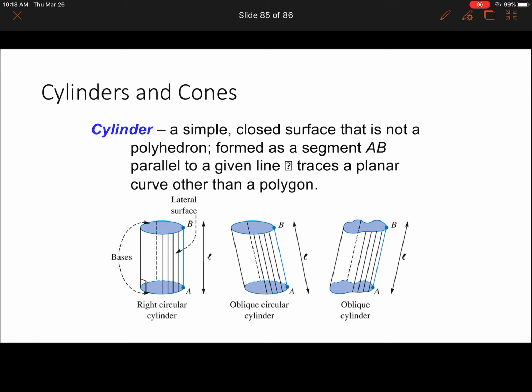It's formed as a segment AB parallel to a given line, and the outside edges are a curve, like what we would think of as a smooth curve. The primary example we've used a couple times is a can of something, a can of vegetables, a can of whatever you might buy that is canned.